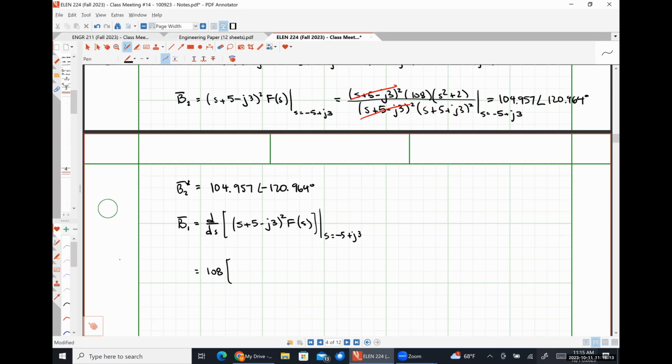Okay, so that's going to look like s plus 5 plus j3 quantity squared times 2s minus 2 times s plus 5 plus j3 times s squared plus 2.